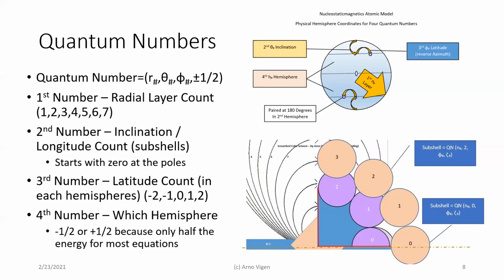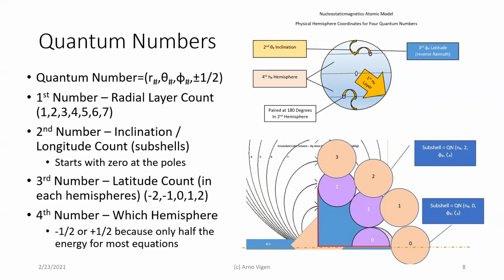You also can call them a longitudinal ring or the end cap rim. So the first number is the layer. How many layers have you built? The second number is the inclination angle. Now that starts at the poles because the first 2 go to the poles as in helium.